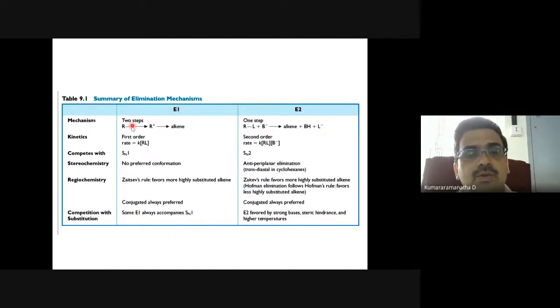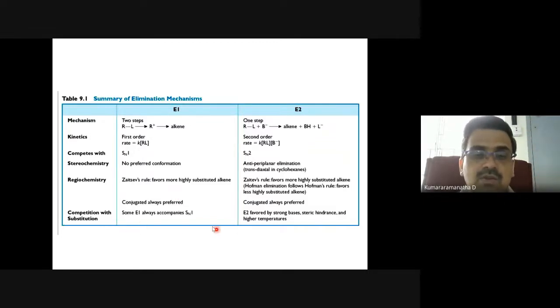Okay, and so in order to finally conclude, E1 versus E2: two-step first order reaction, you can have competition with SN1, SN2. Let us not discuss so much about the stereochemistry aspects in these E2 reactions, but we start getting more of trans kind of arrangement, more stable products, and Zaitsev's rule follows here, and in both the cases you end up getting unsaturated carbons.